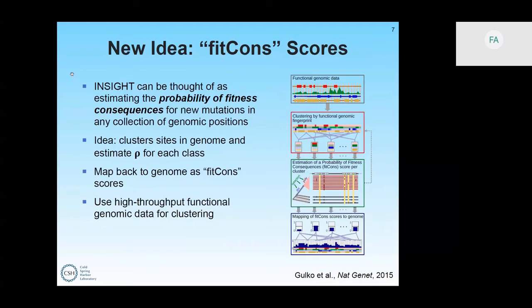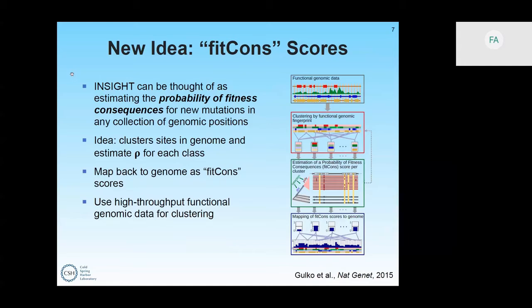So the idea is that instead of having a collection of annotated elements across the genome, like annotated transcription factor binding sites, we're now going to assume we have nothing annotated in the genome. We just have a collection of high-throughput epigenomic data sets, things like RNA-seq, DNA-seq, histone modification ChIP-seq data, and so on.